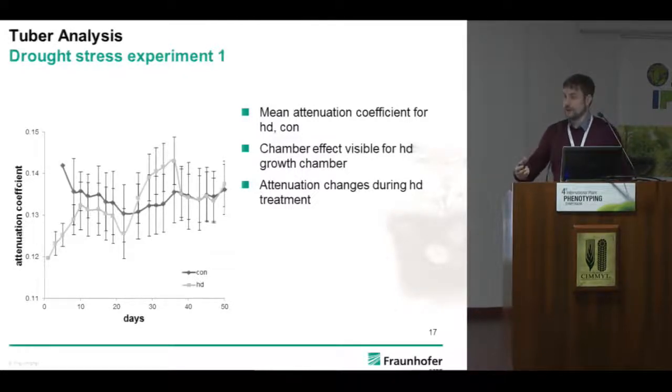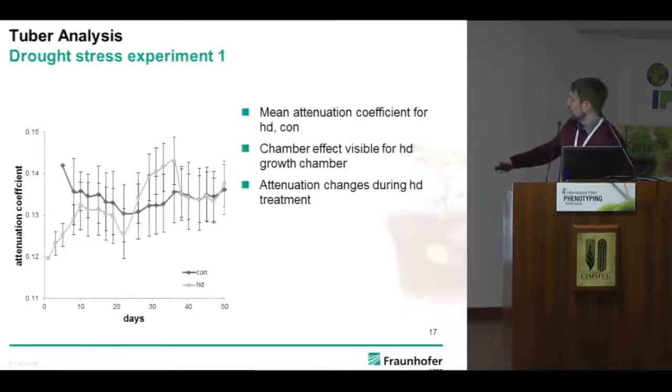If we compare afterwards with destructive measurements, you will never see this failure, because you couldn't know that in the growth chamber which was later stressed, the initiation of the tubers was earlier, and therefore there was a growth advantage for all tubers within the heat and drought stress environment.